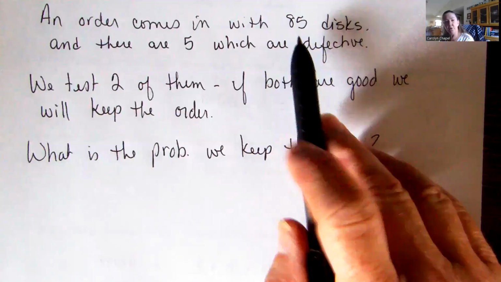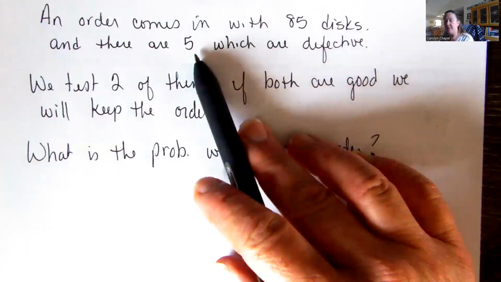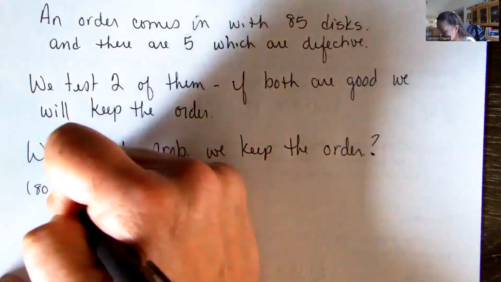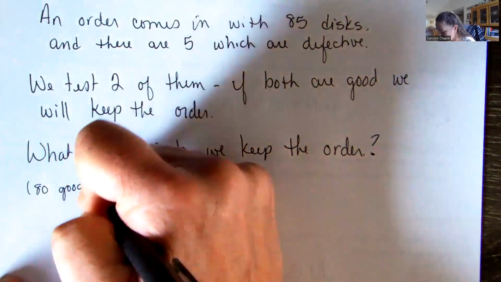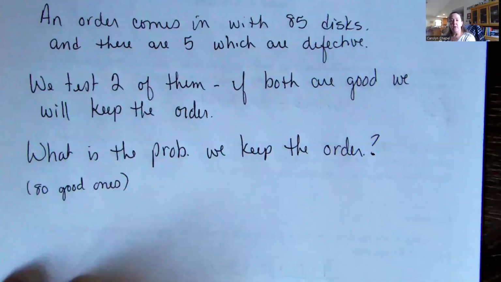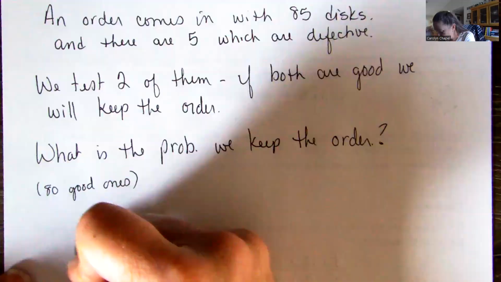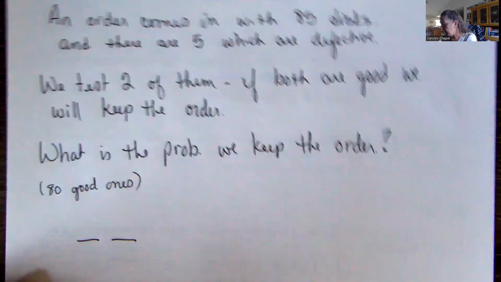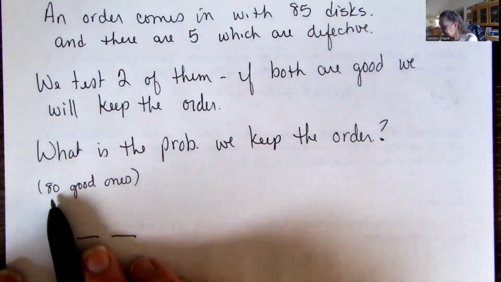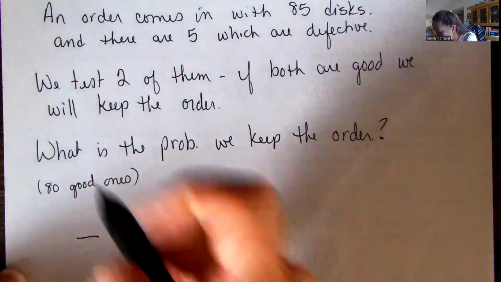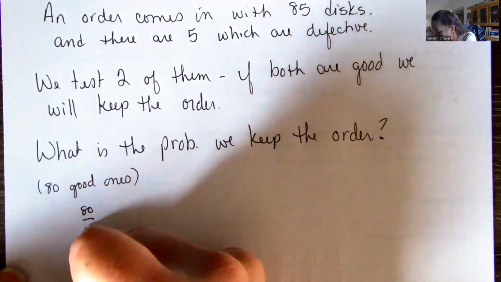So we have 85 total discs, 5 are defective, which means we have 80 good ones. Okay, since we're going to check it, the probability that we're checking 2, the first one is good. So the probability that the first one is good is going to be 80 out of that 85.